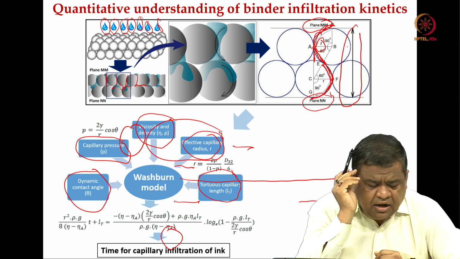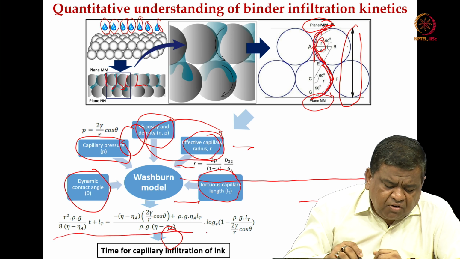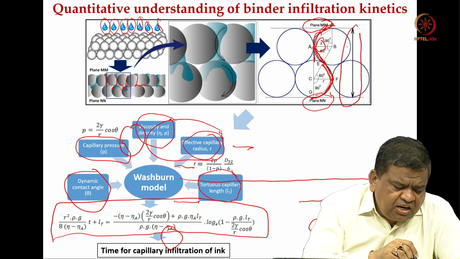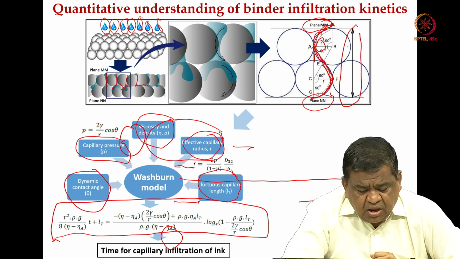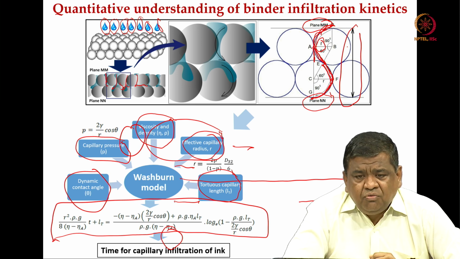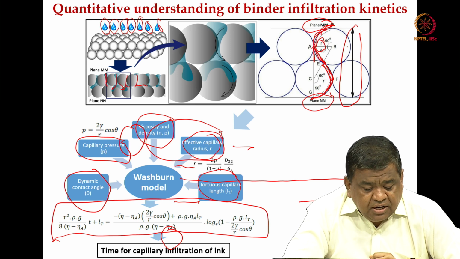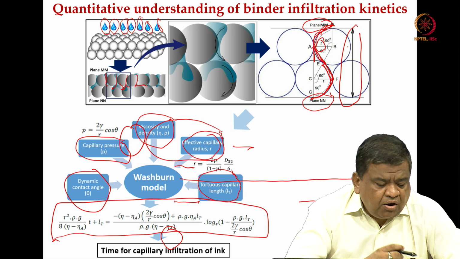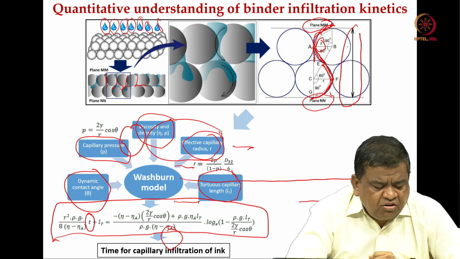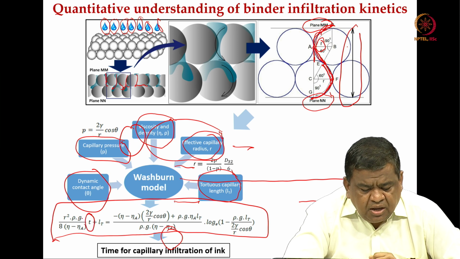If you modify the Washburn model, which has large equations, and the different parameters are already mentioned here, that will give us the time of infiltration. And this time of infiltration, T, is very important.